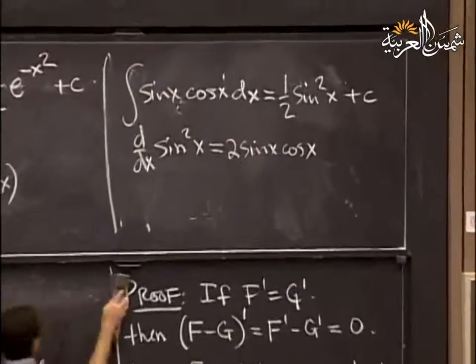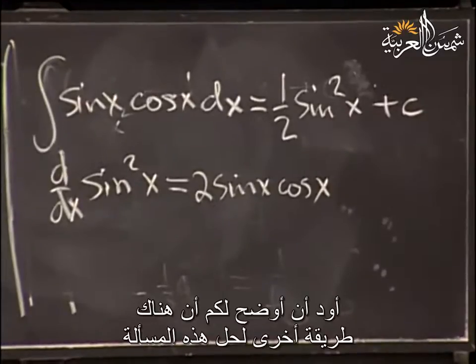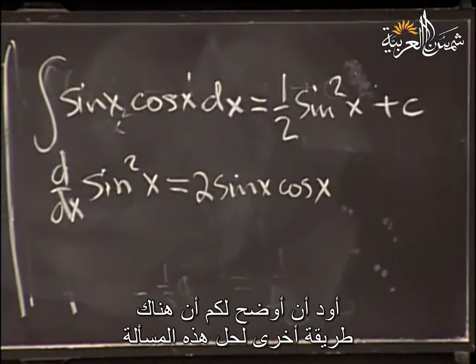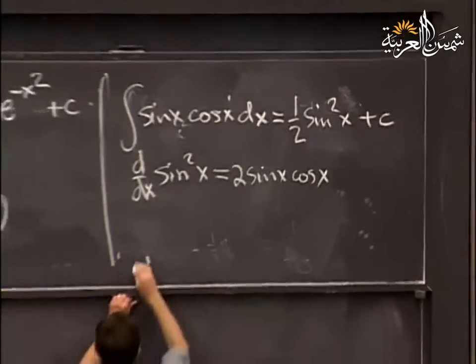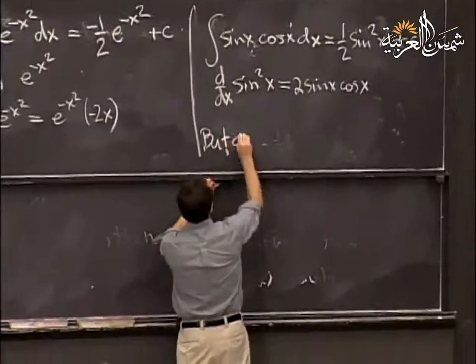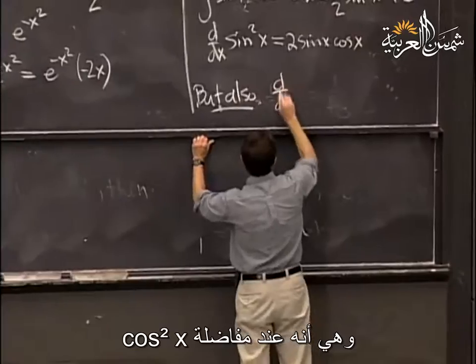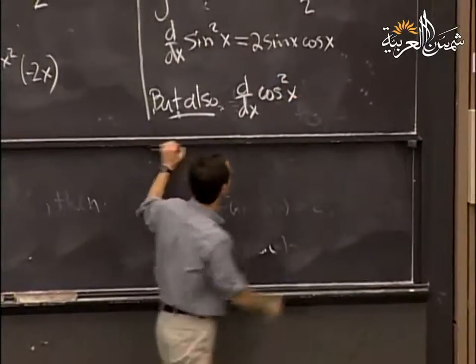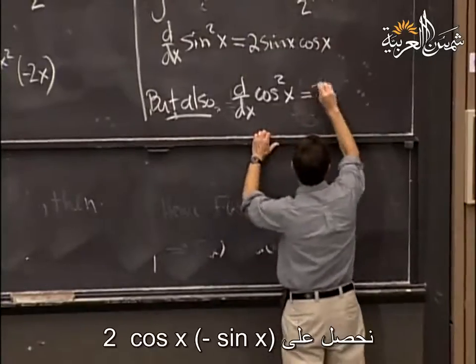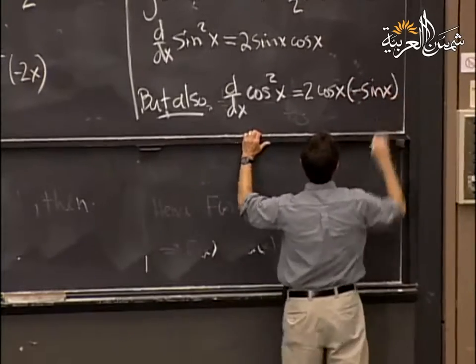But now, I want to point out to you that there's another way of doing this problem. It's also true that if you differentiate cosine squared x, you get 2 cosine x times minus sine x.